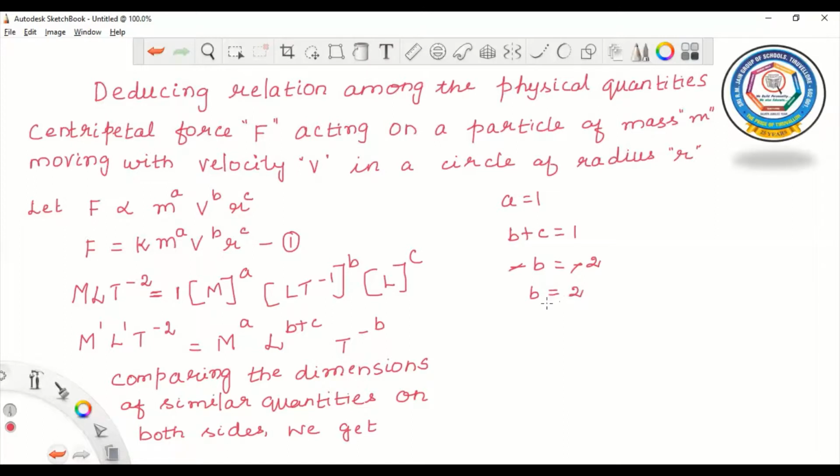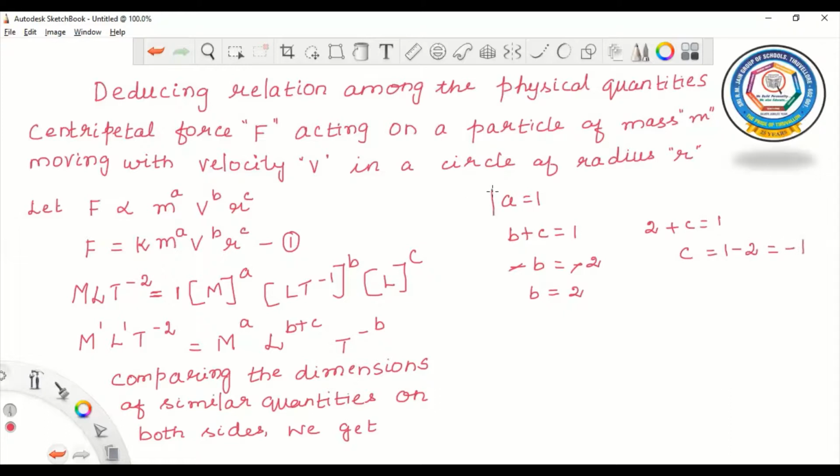Now substitute the value of b is equal to 2 here. What will you get? If b plus c is equal to 1, substituting, 2 plus c is equal to 1, or c is equal to 1 minus 2, that is minus 1.